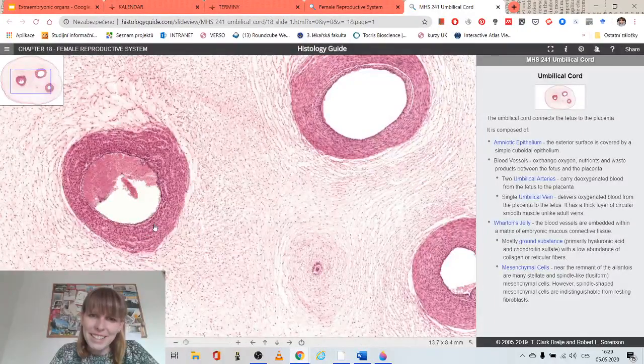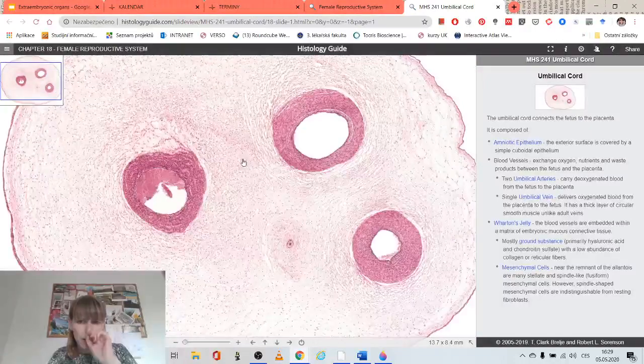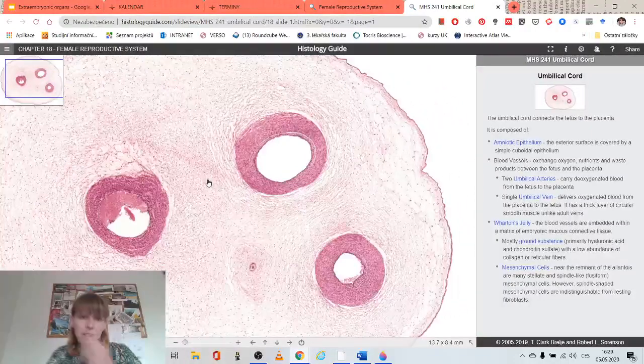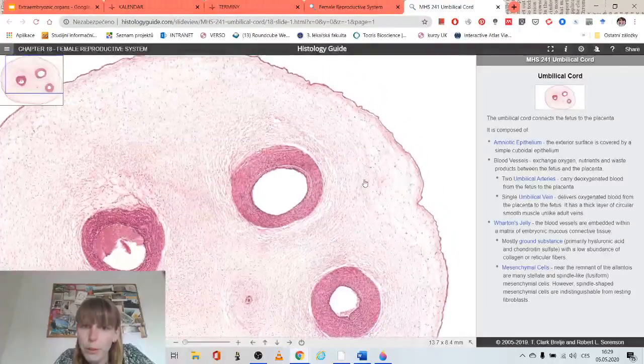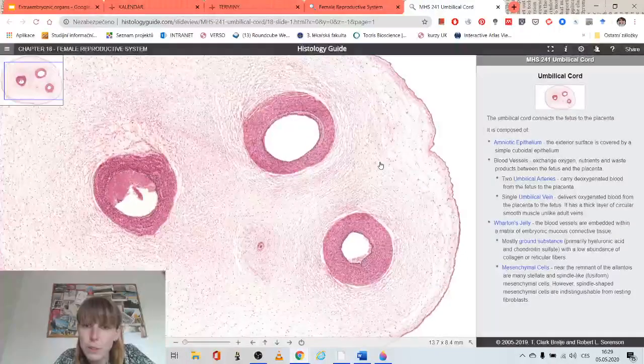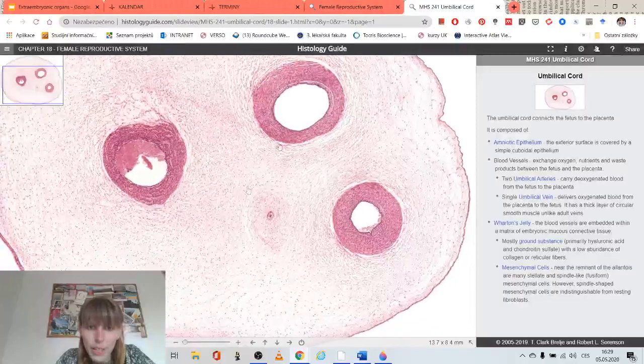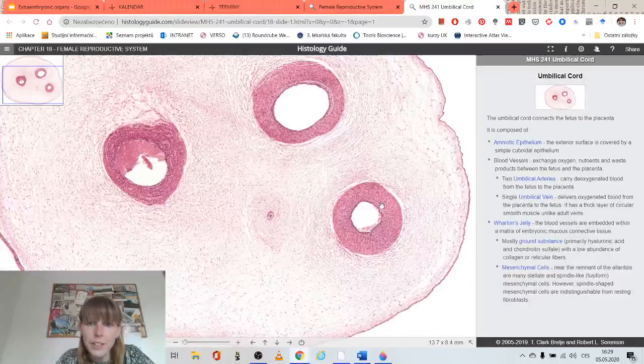But in this case, it doesn't look much thinner, and it's not collapsed at all. So in this case, it would be hard to distinguish the arteries and the veins. So I think it wouldn't be required of you if it was this complicated. So these are the arteries and the vein.